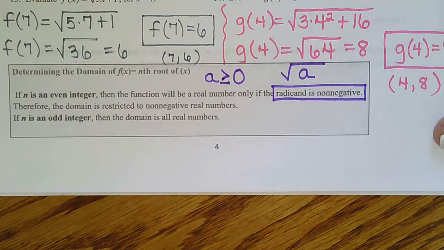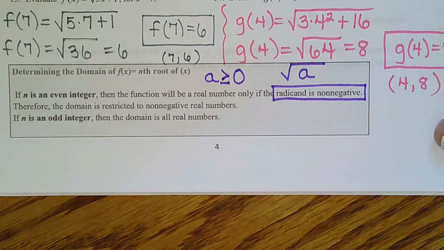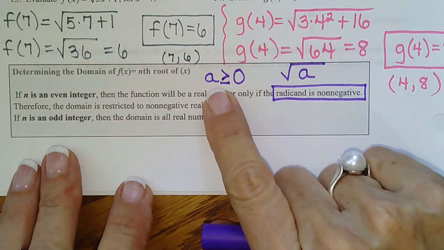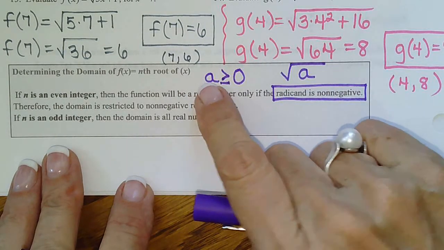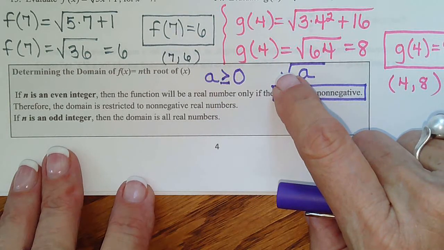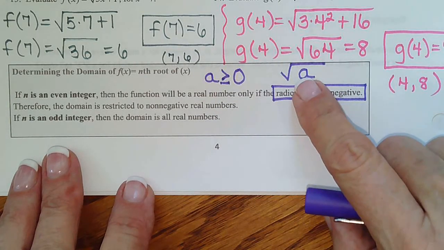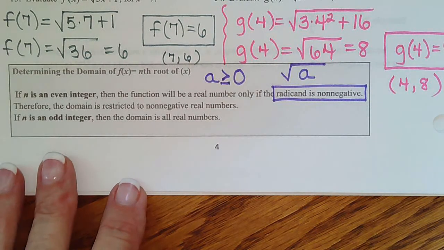That's what non-negative means. Equal to 0 is not negative, greater than 0 is not negative. And that's actually going to be the inequality that we solve. We're going to take whatever's under the radical and make it greater than or equal to 0, because we learned with even indices, you cannot have a negative. Remember how we wrote non-real number on the first page?